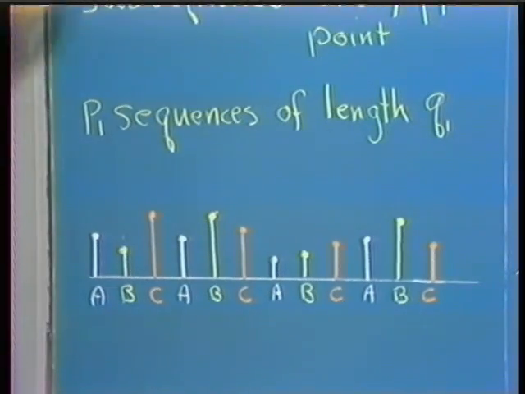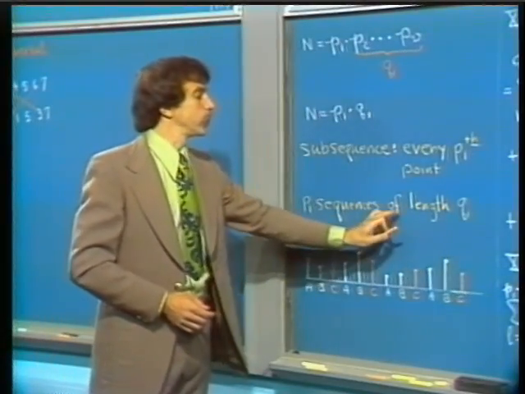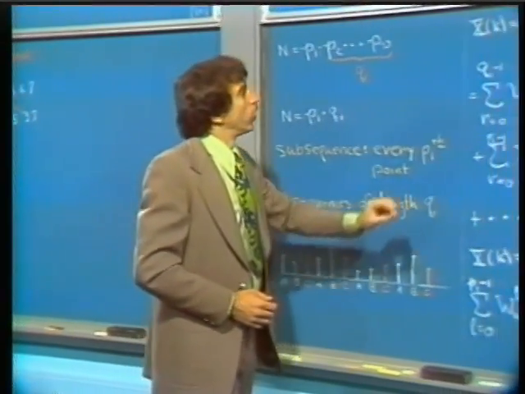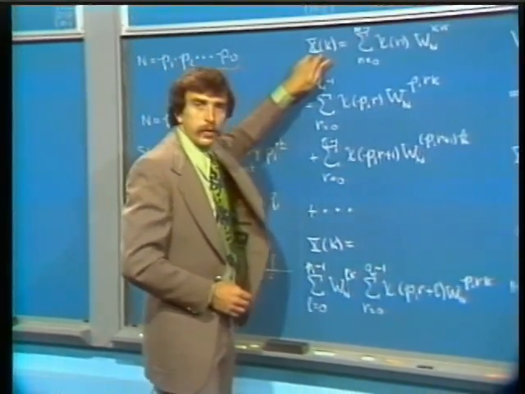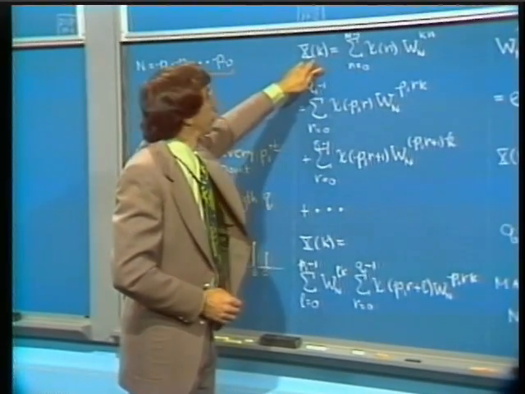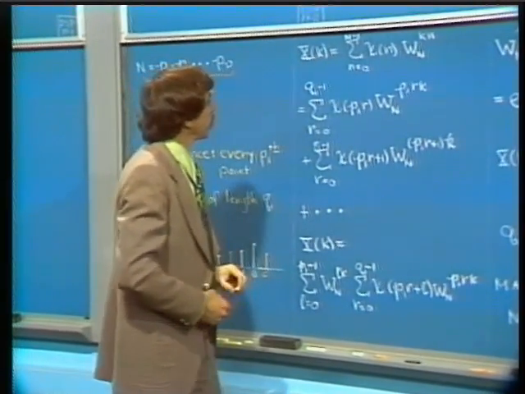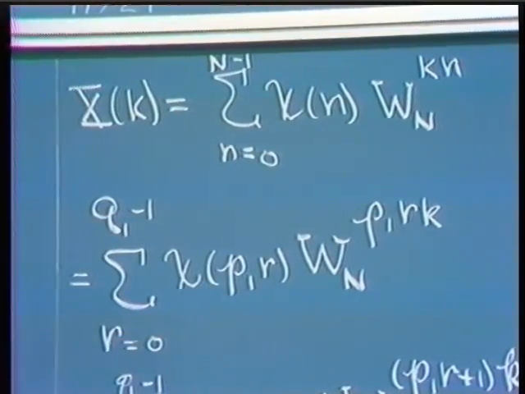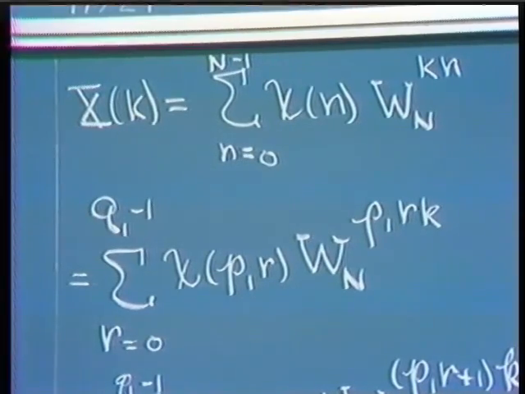All right, so we've decomposed the original sequence then into p1 sequences, each of length q1. Given that, we can organize the sum involved in the discrete Fourier transform by decomposing the sum into separate sums involving each one of these p1 subsequences.